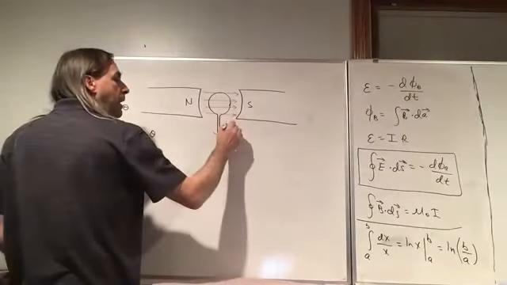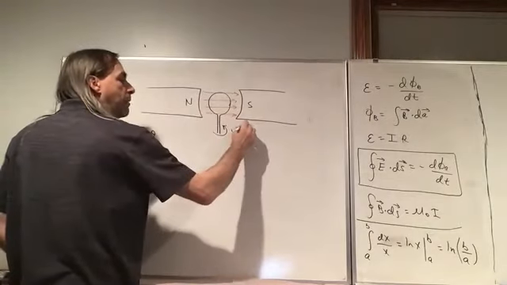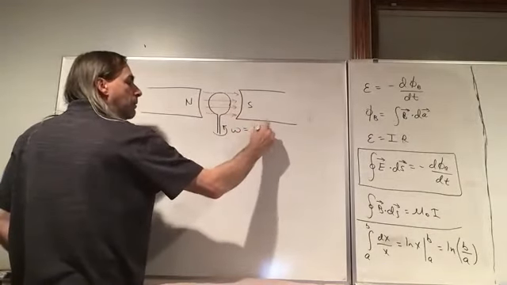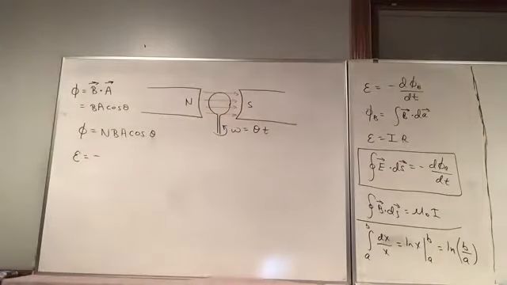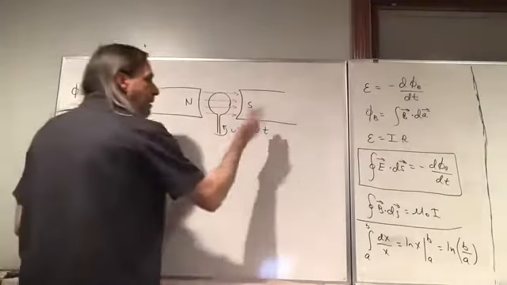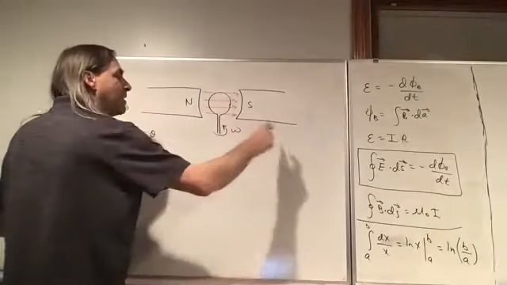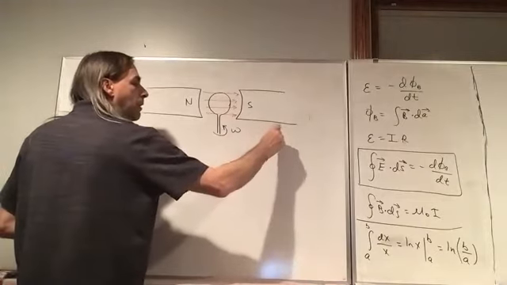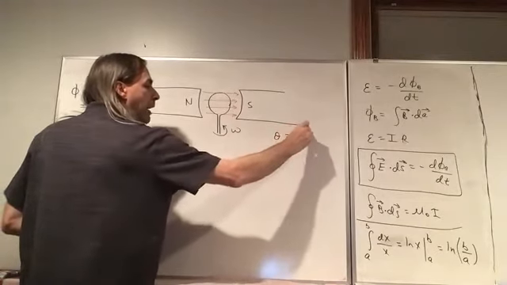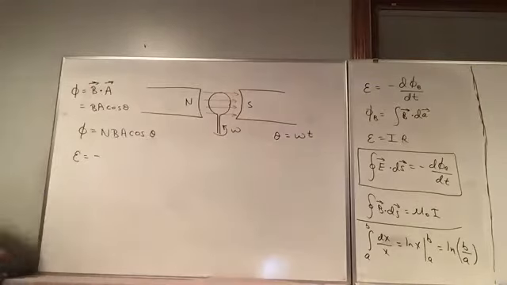Let's say we rotate this at an angular frequency omega, which we can say is theta over t. So just by picking the right t, we can say that theta is omega times t.